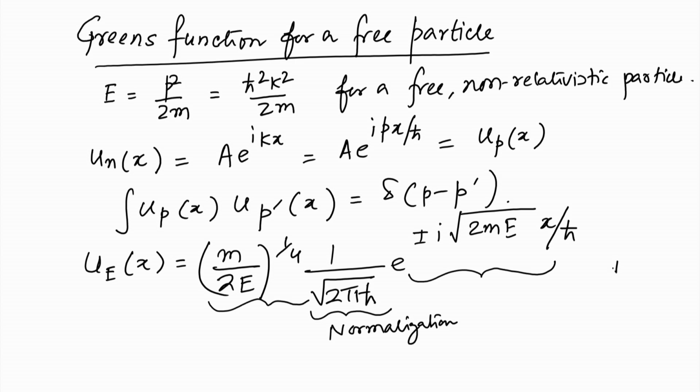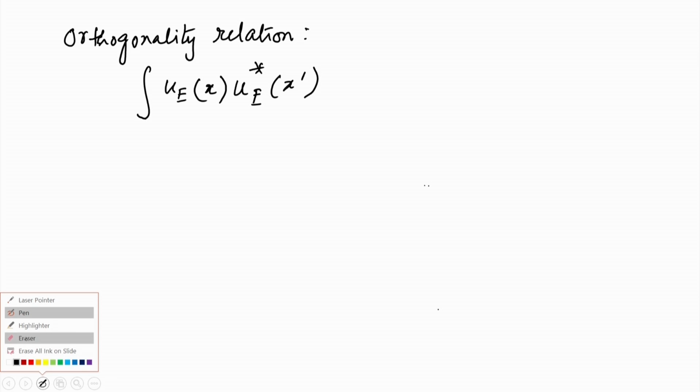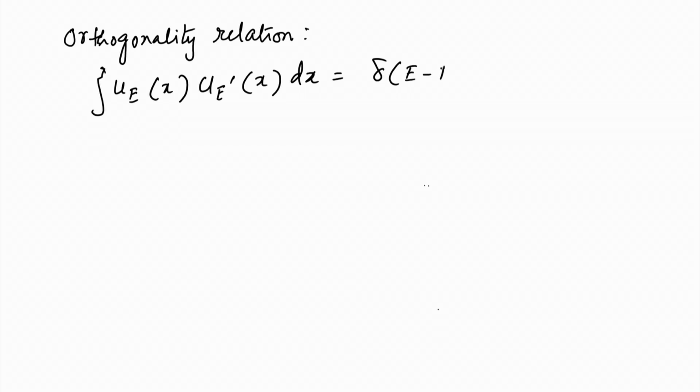We will take this as the basis states and calculate the propagator, or equivalently the Green's function. We will call this equation 1, and now let us write down the orthogonality relation for the basis states: the integral of u e star of x times u e prime of x dx is equal to delta of e minus e prime.